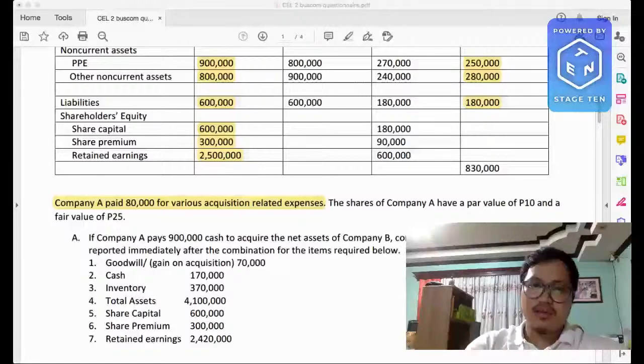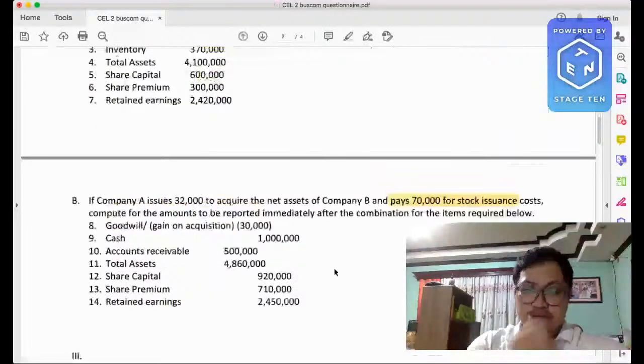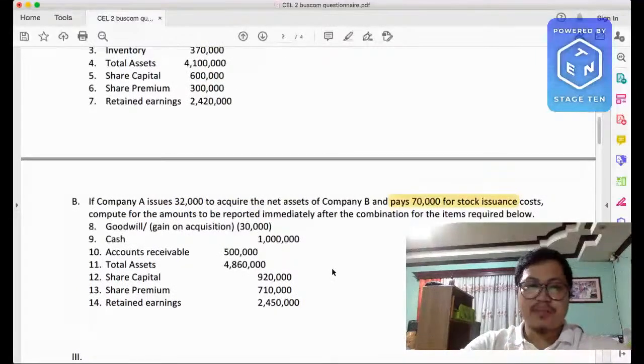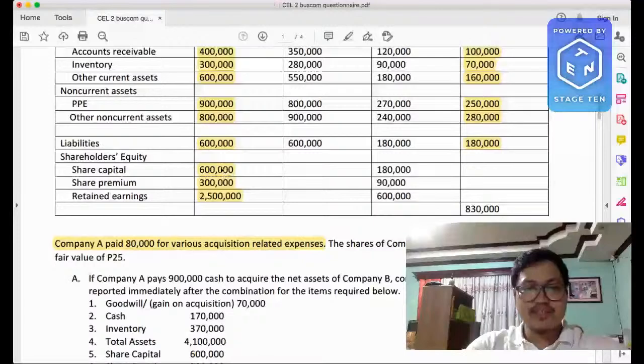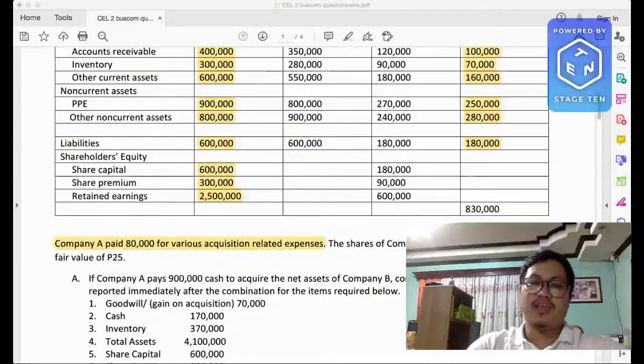to the question. How much is the share capital? Let's go back. Share capital, immediately before the combination, was at 600,000. But because of the issuance of the 32,000 shares, class, we credited share capital in the amount of 320. Okay?